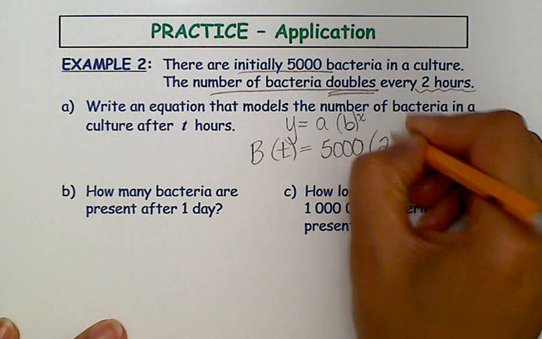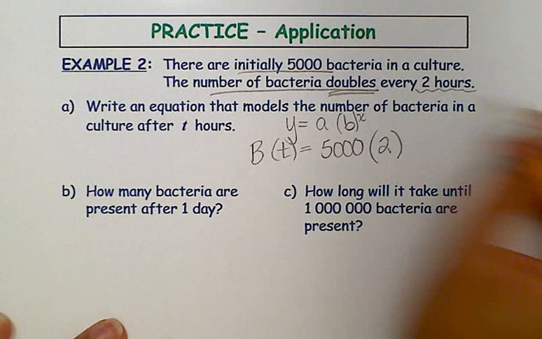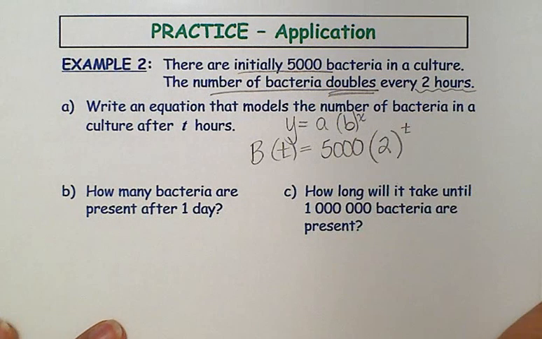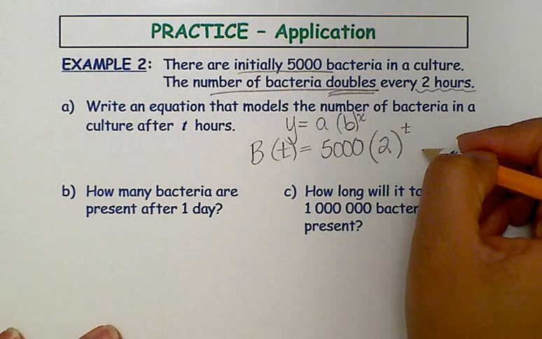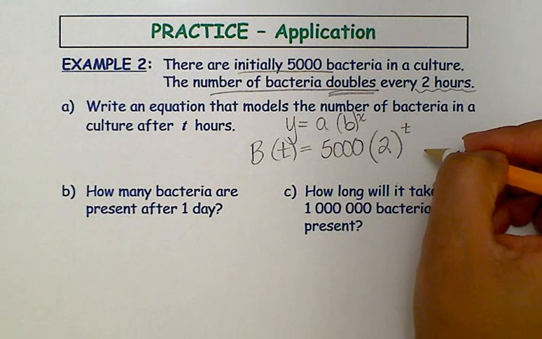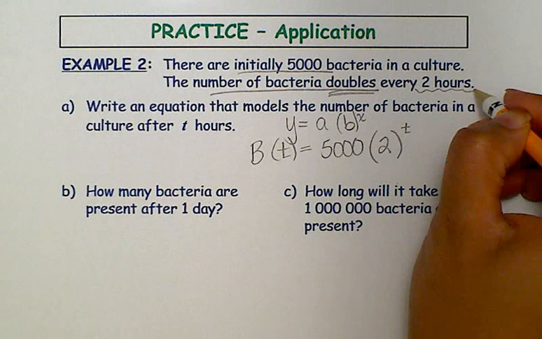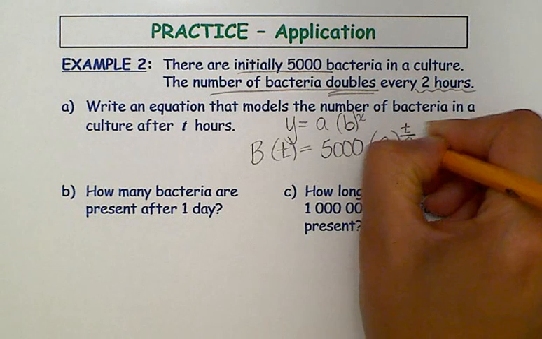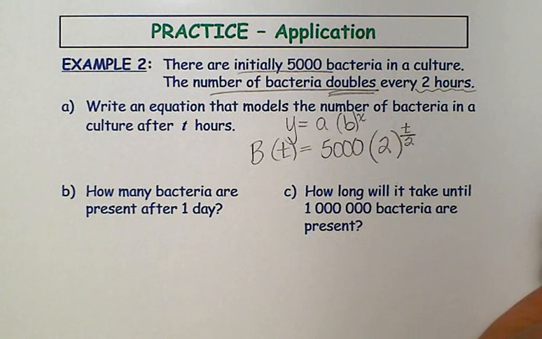That's what I need to multiply each time. And in terms of my exponent, I'm looking at t hours, but the way I've written it right now, it looks like it doubles every hour. But I know that based on the question, it only doubles every 2 hours, so I need to make sure I have my division by 2 here. So there's the equation. t is in hours, B represents the number of bacteria.